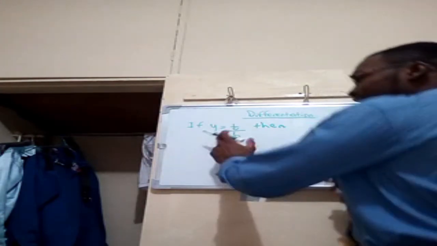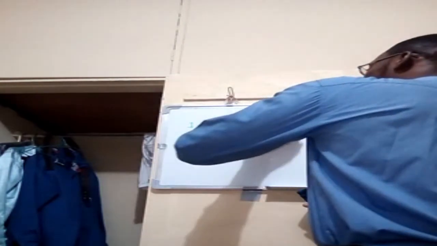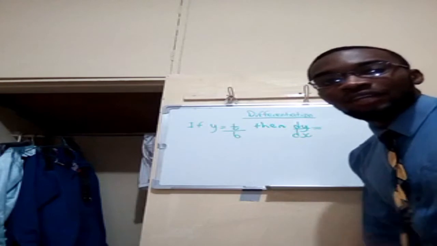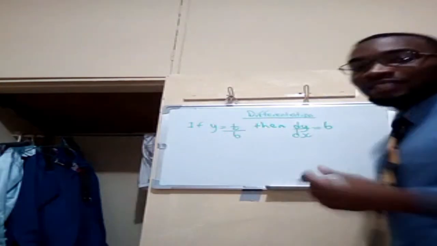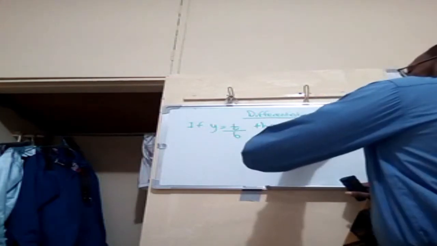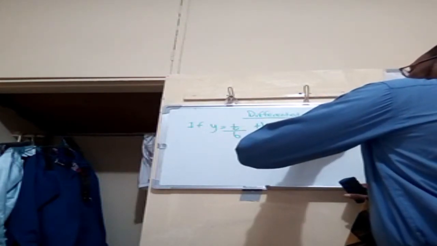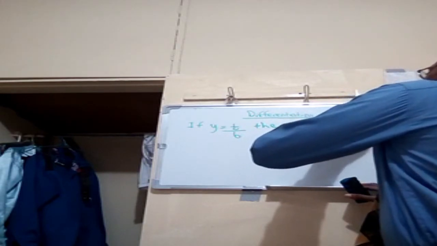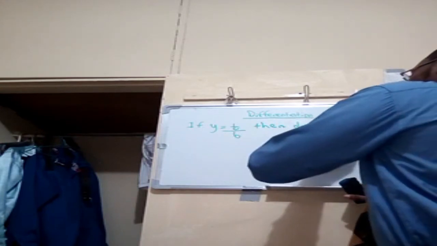Easy to remember. If y is equal to top over bottom, then dy by dx is equal to, you always start with the bottom. So you start with the bottom, which is b, times the differential of the top, so it's b times dt, minus the top times the differential of the bottom, over the bottom square.